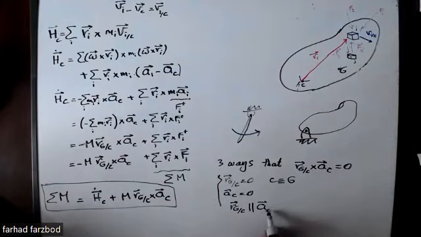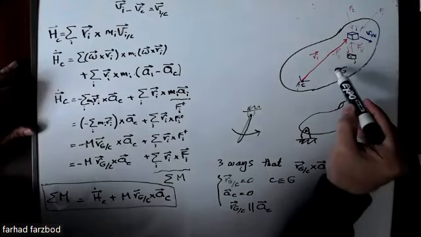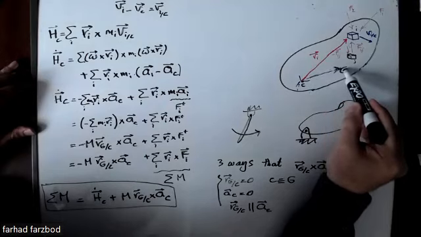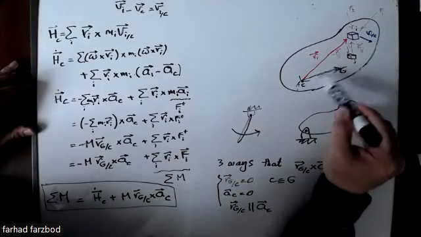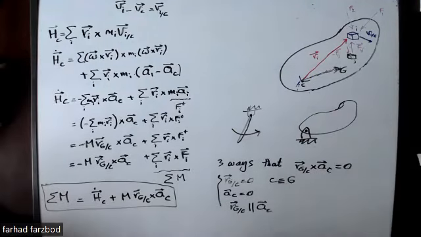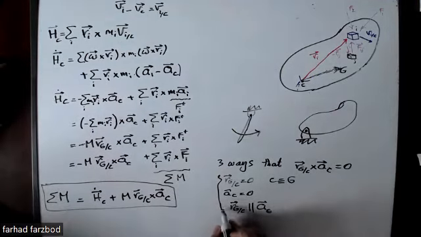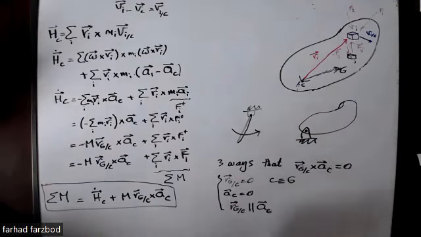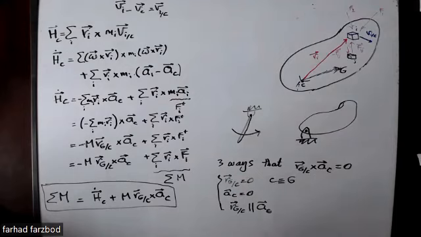So the acceleration of C is parallel to RGC, meaning that, for example, if I have this RGC, you see, this is R of G with respect to the point C, the acceleration of point C is along that line. So this is the third case, which is rarely used. So you can safely assume that these are the only 2 cases that we can use.